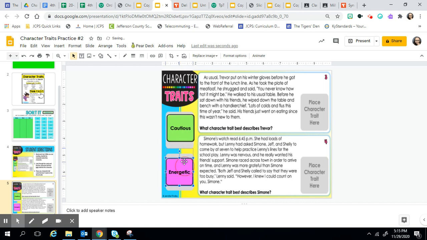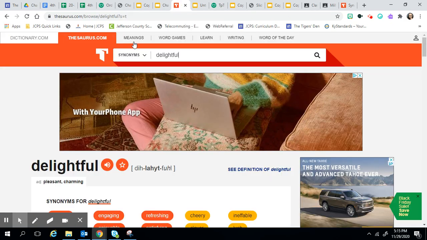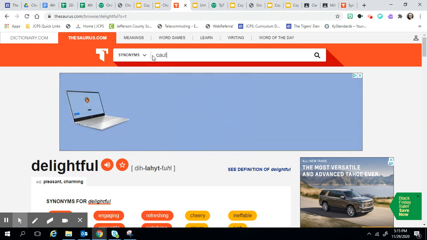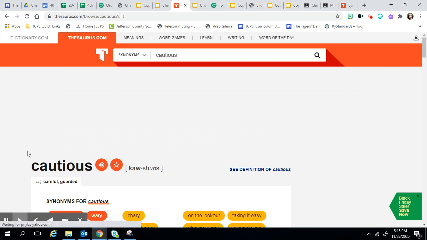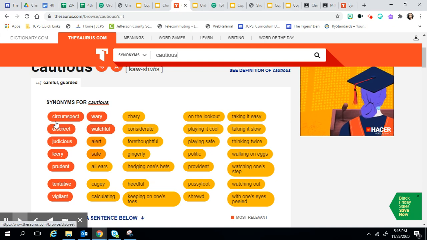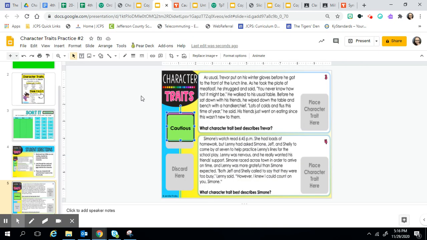Remember, if you're not quite sure what the word means, you can always go back to the top, go to the thesaurus, and type in the search bar and find out what it means, like synonyms. So cautious means watchful, vigilant. These are all big words, but alert, safe. He talked about germs, so I'm wondering if cautious might be the answer for that one.